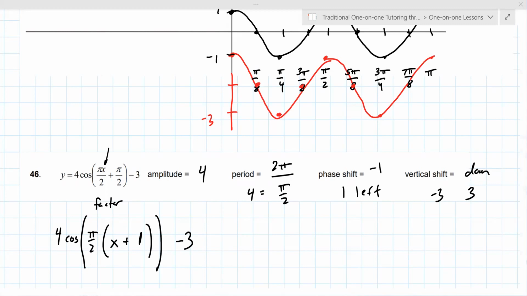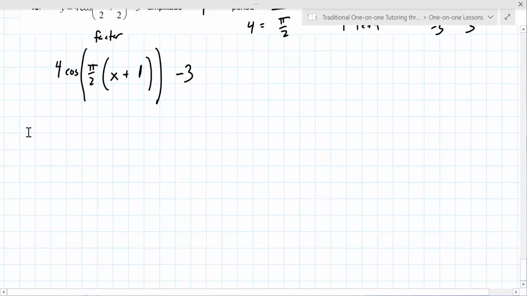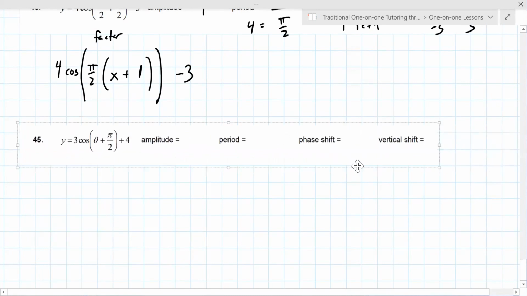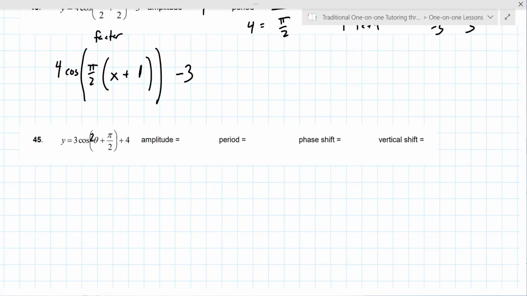All right, if you think you understood that one, try this one here. I'm going to add a small wrinkle to it. Let's make this 2 theta right there. This time you're going to want to factor out a 2, but go ahead and try that one.